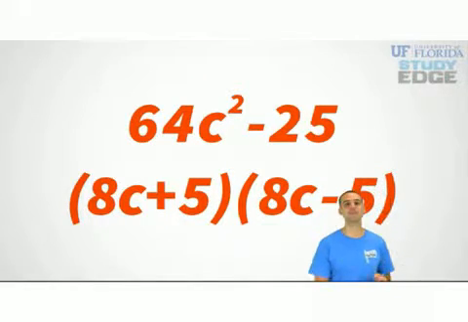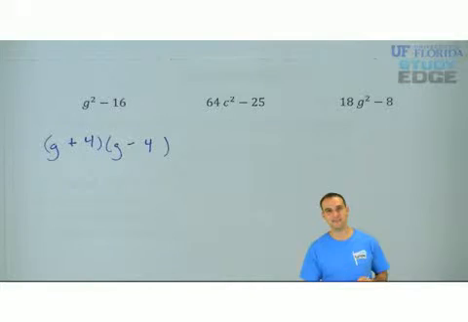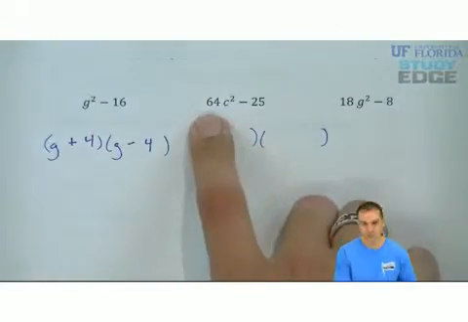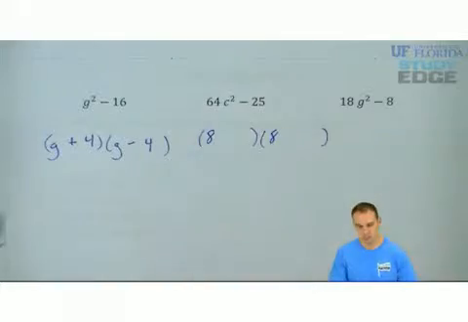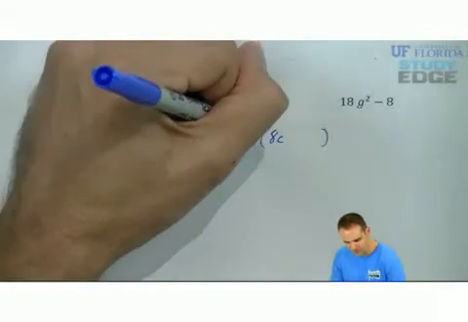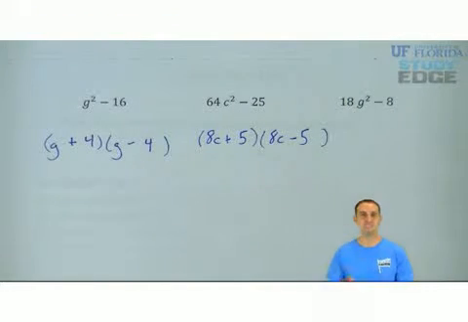And so your final answer is 8c plus 5 and 8c minus 5. So once again, parentheses, parentheses. Square root of 64, 8 and an 8. c squared, c and a c. 25, square root of that, 5 and a 5, one plus, one minus. And that's how you factor difference of squares.